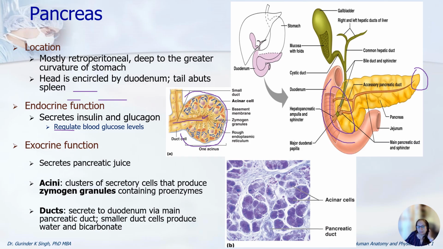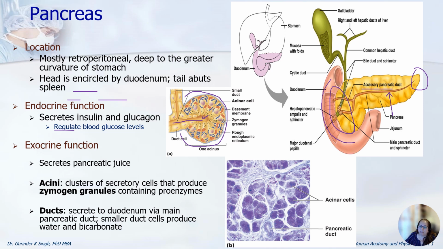They release them into here, and then these small ducts combine together to become bigger ducts, and finally in the pancreas we have one main duct, known as the main pancreatic duct, and another smaller accessory pancreatic duct.